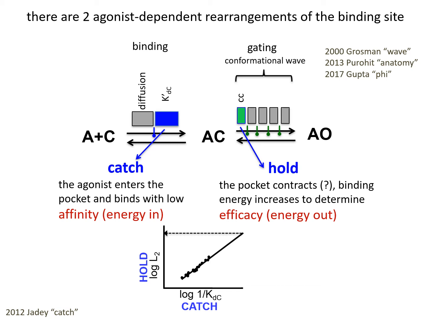So low affinity binding is reflecting the catch rearrangement, and the gating equilibrium constant, the agonist dependent component of it, is reflecting the hold equilibrium constant. So catch and hold energy changes are correlated. That's what efficiency means. The energy change in binding is correlated with something in gating, and that something is catch and hold.